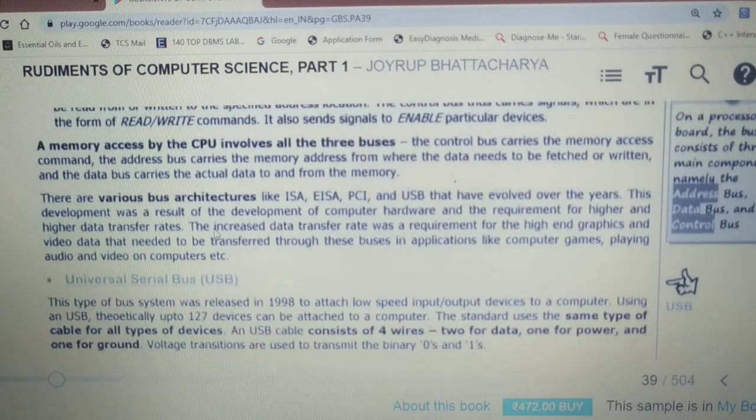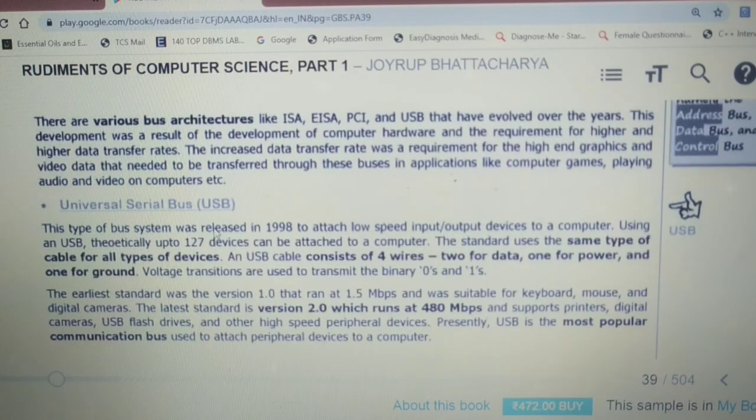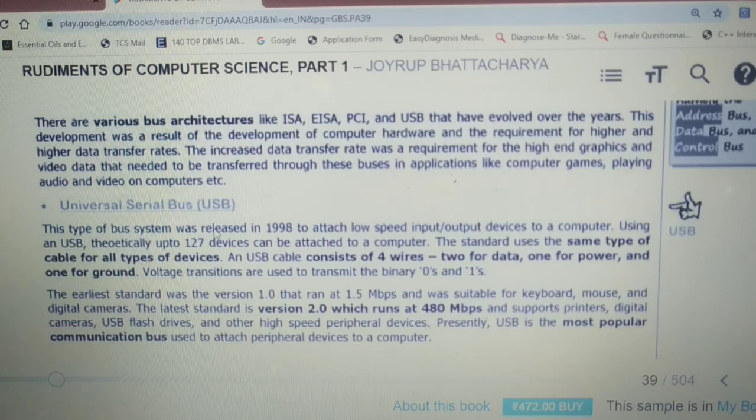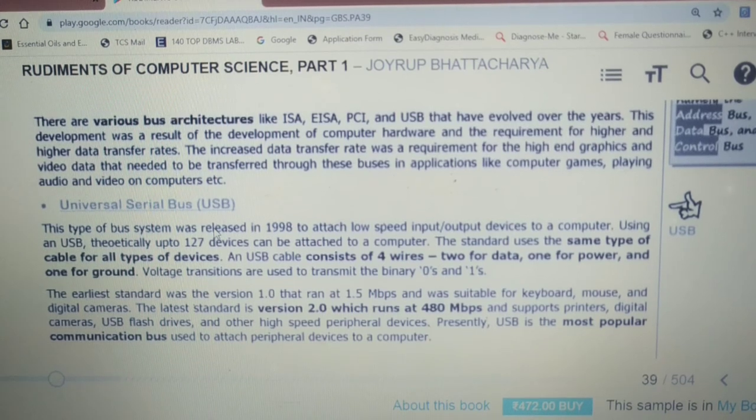Another bus is the Universal Serial Bus, that is USB. This type of bus system was released in 1998, to attach low speed input output devices to the computer. The standard uses of this type of cable are for all types of devices. USB is very popular.